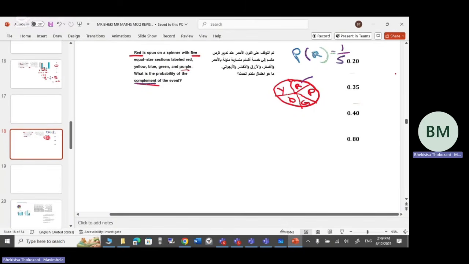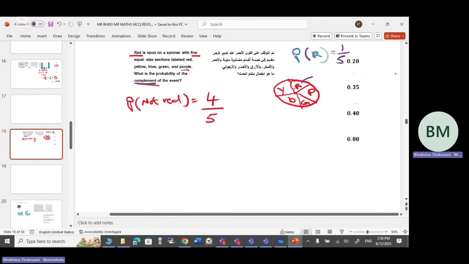So what is the opposite here? The things which are not red. How many of them? There are 1, 2, 3, 4. Do you agree with me? So the probability of not red is equal to 4 over 5.